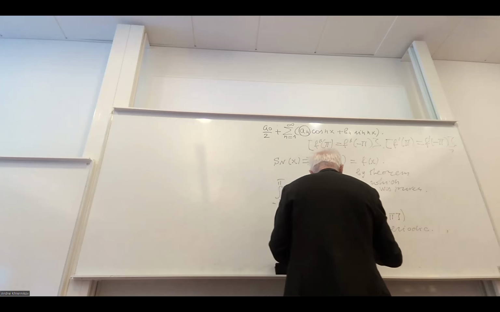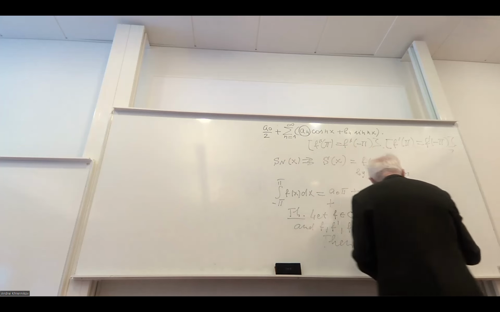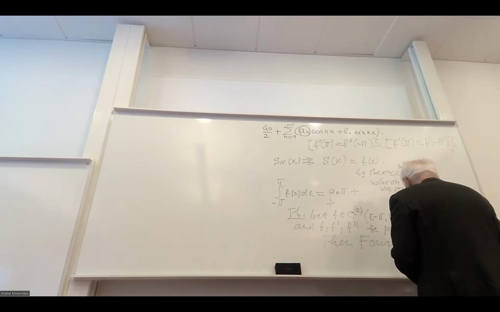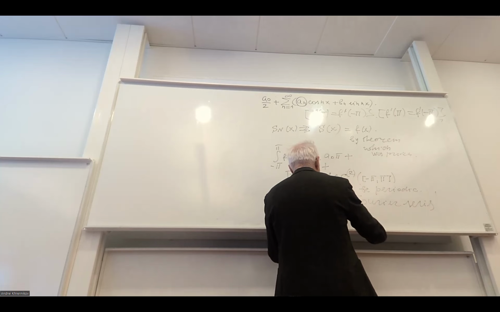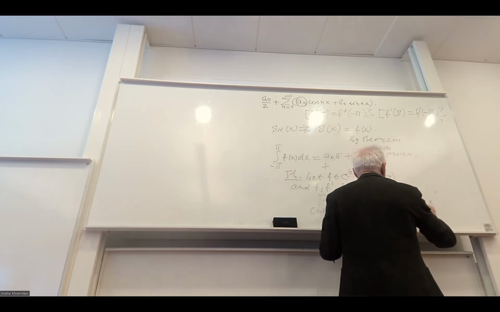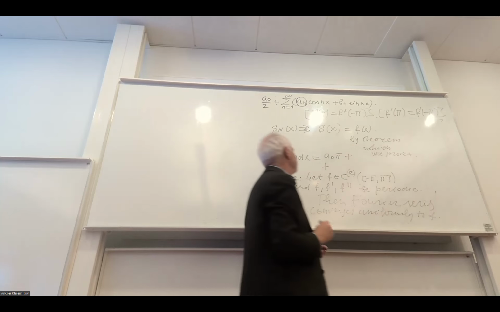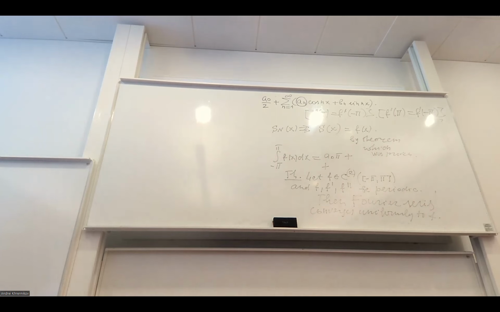Then the Fourier series converges uniformly to f. So if a function is two times differentiable, then the Fourier series converges to f uniformly.